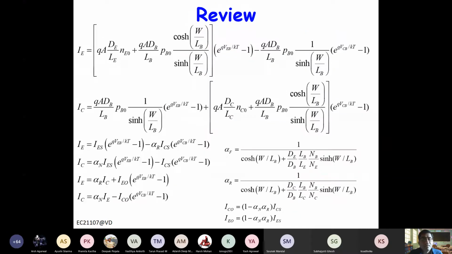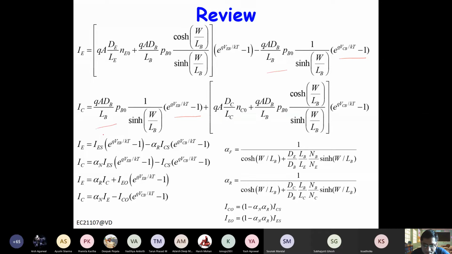Now if you add all the components, if you add IEN plus IEP, you will get the expression for IE. Similarly, if you add ICN and ICP, you will get the expression for IC. And again, you notice here the coefficient of exponential qVCB by kT and exponential qVEB by kT in these two are similar.